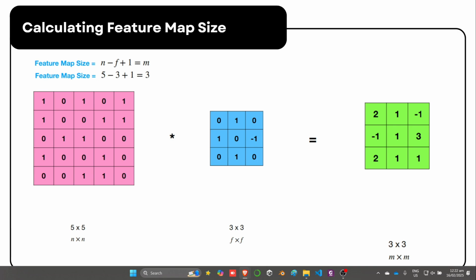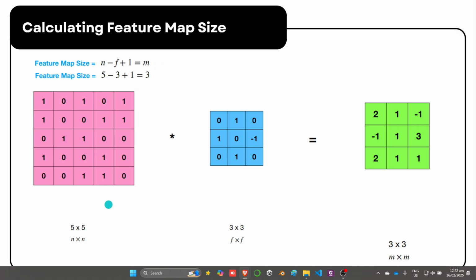So here's a simple formula to get the output size. n is the dimension of the image, f is the kernel size, and m is the size of the feature map.